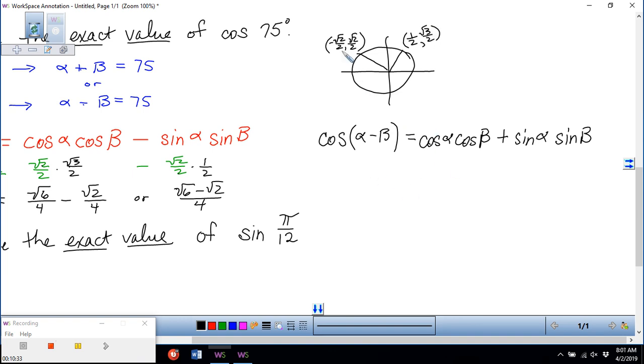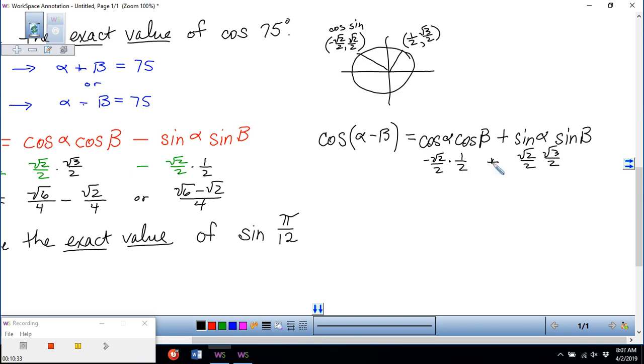So now if I plug those numbers in, remember the first one's my cosine, second one's my sine. So the cosine of alpha, negative radical 2 over 2, times the cosine of beta, 1/2, plus sine of alpha, radical 2 over 2, sine of beta, radical 3 over 2.